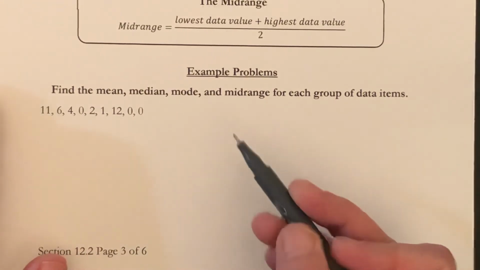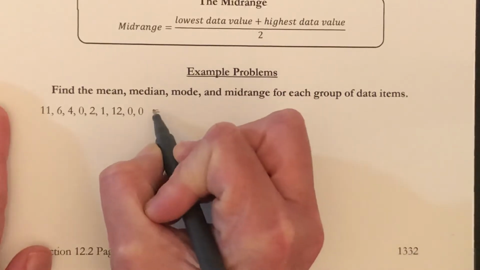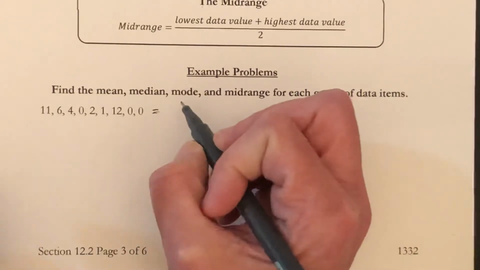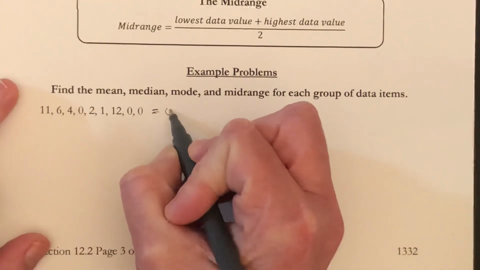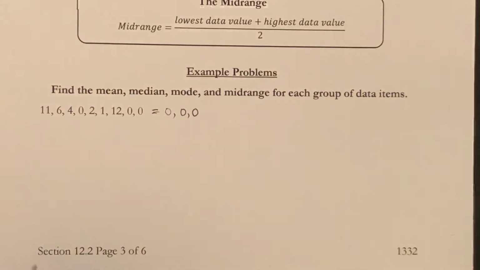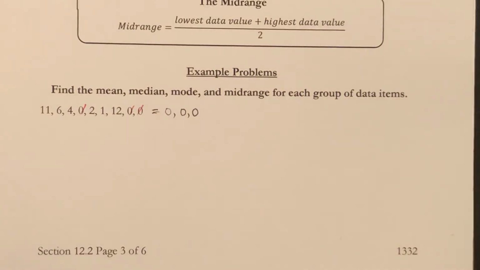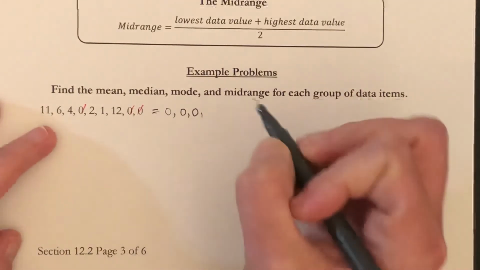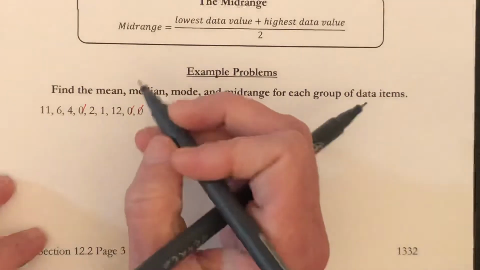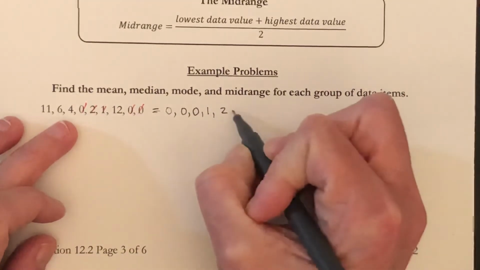It has to be done, and it also will give you an idea of the mode, because you'll get an idea of how many times you're repeating something. So starting off the smallest, I have a 0, and another 0. And because I know myself, I'm marking them off as I go along. And then 1, 2, 4, 6.